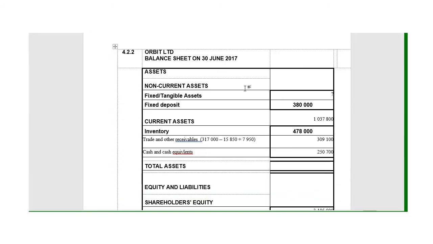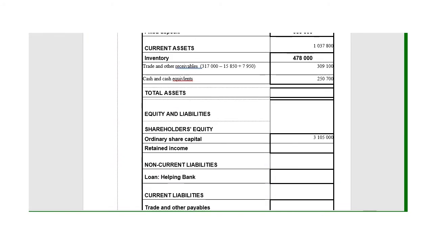So retained income 219,400. Again, whatever I got in the note. This is, if you've done the notes, it's 2 free marks. So make sure you use your figures from the note. Add the two together, put the total at the top, and that total is 3,324,400.